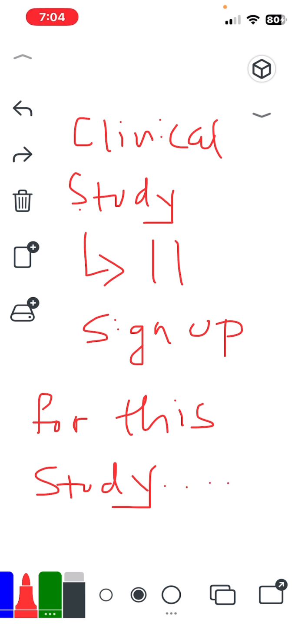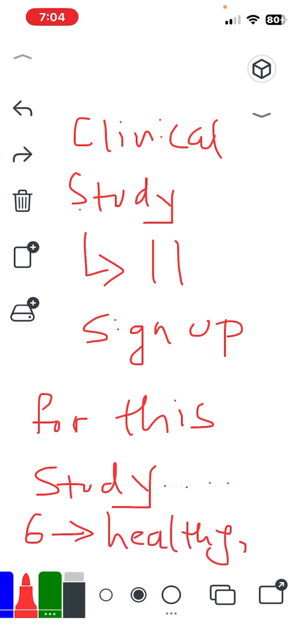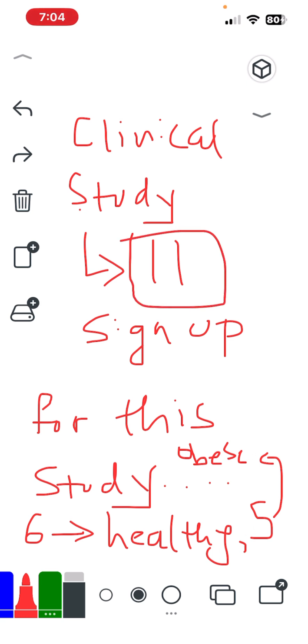Out of those 11, let's say six are healthy and five are obese. Obviously, this is the size of the population, the total number of people who sign up for the clinical trial. These two numbers add up to 11, so 6 and 5 add up to 11.